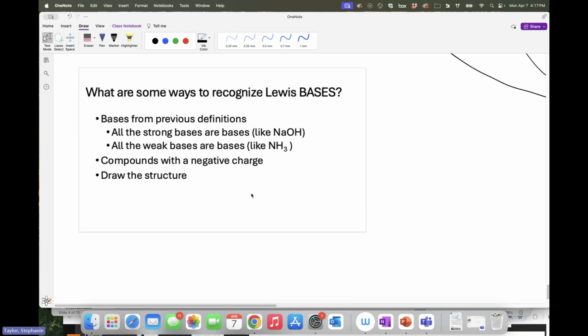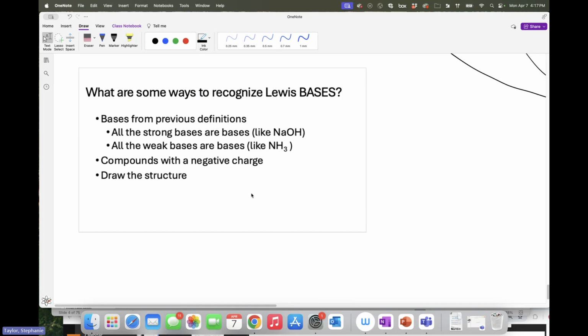So those are my general things for dealing with Lewis acids and bases, especially because usually you're looking at things that are very different from what you usually see. Dealing with Lewis and dealing with electrons looks a lot different, but you're looking for things.